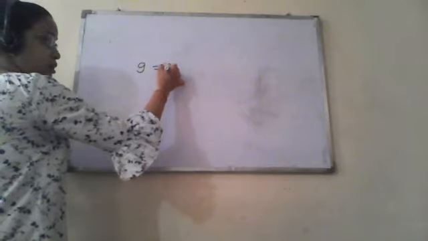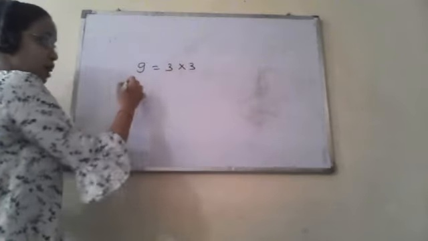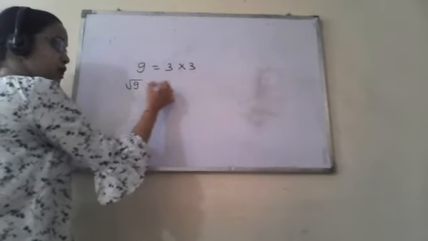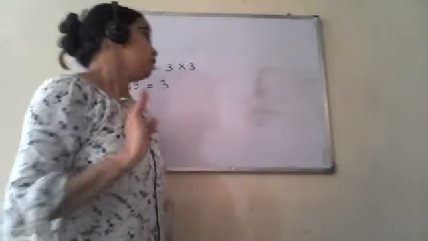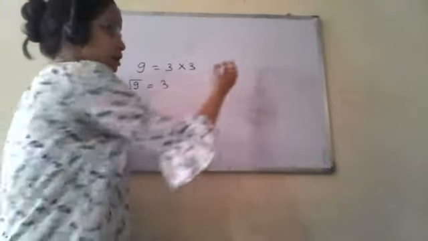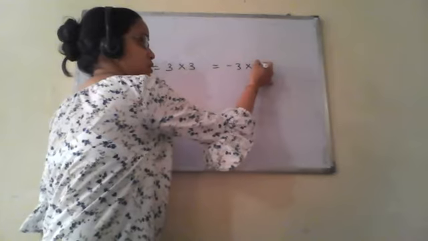See how we represent a square. If I'm writing 9, 9 is written as 3 into 3, and we say square root of 9 is 3. This is clear. I have told you this just now. But there is also a possibility that 9 can be represented as minus 3 into minus 3.